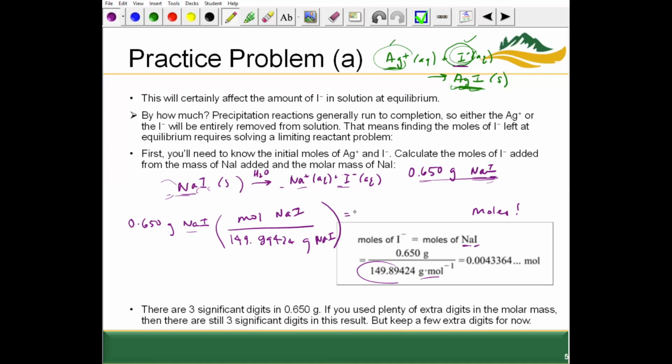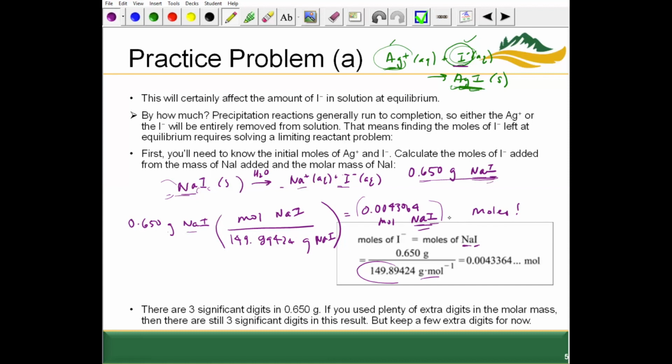Doing this division here, we get 0.0043364 moles, but specifically still of sodium iodine, or sorry, sodium iodide, right? The IDE ending is important. So sodium iodide is this many moles.